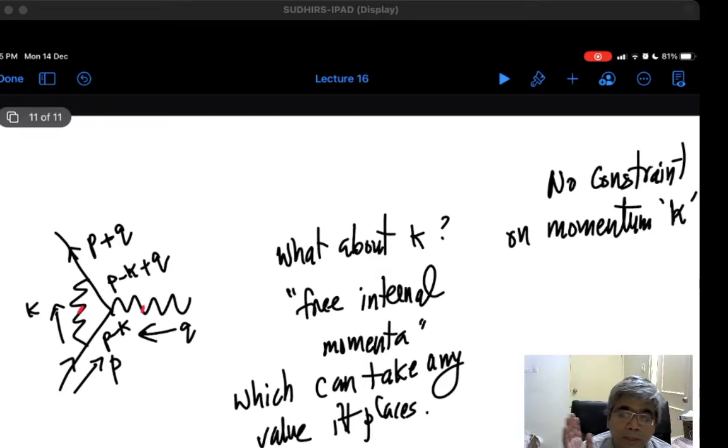But they still contribute to the physical process, because the photon in the vertex correction could take any momentum it wants. So you have to consider all possible momenta, and when you do, it is possible that it leads to divergences in the calculations.